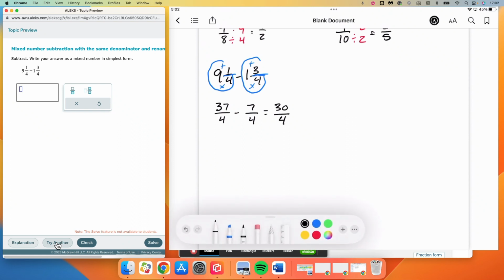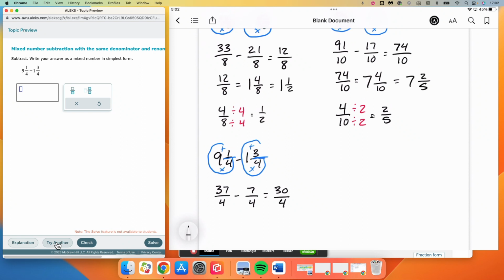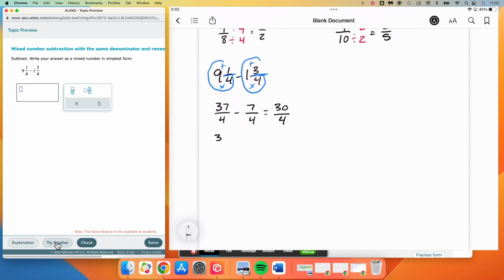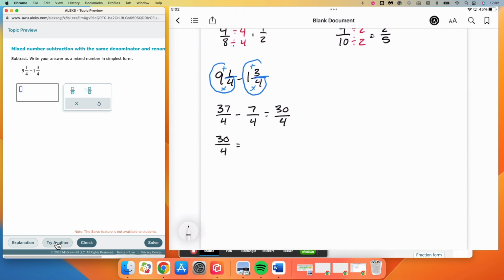So then converting that 30 over 4 to a mixed number, we see that 4 goes into 30 7 times with 2 left over. Because 7 times 4 is 28. I've got 2 more to get to 30.